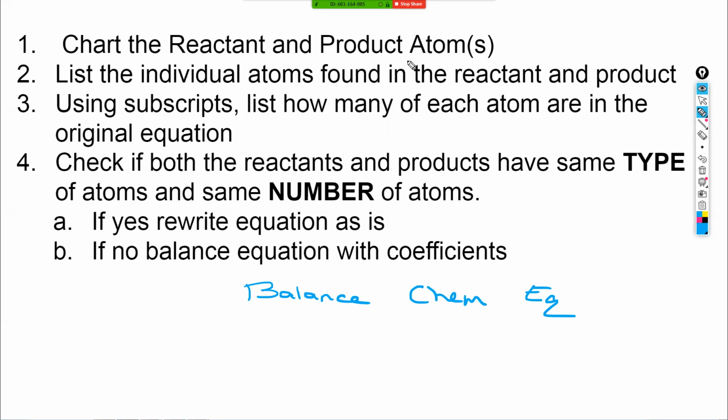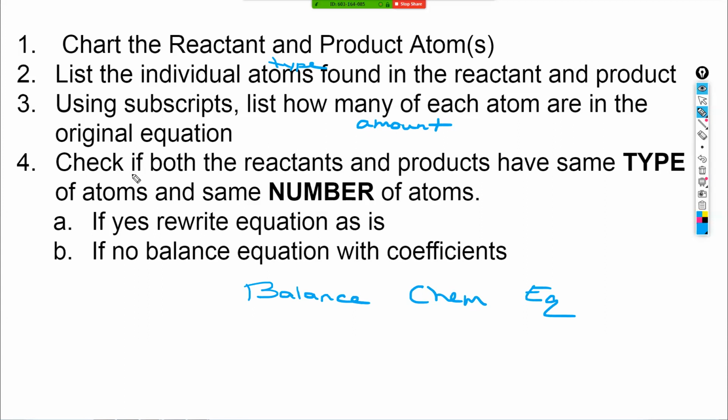Chart the reactant and product. We're going to create a chart to compare everything. In that chart, you're going to list the individual atoms, so the type of atoms that you find. Using the subscripts, you're going to list how many. So you're also going to figure out the amount of each kind.